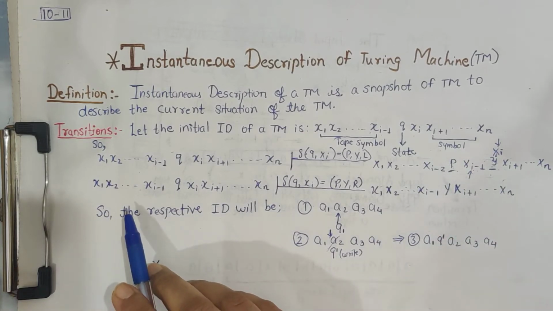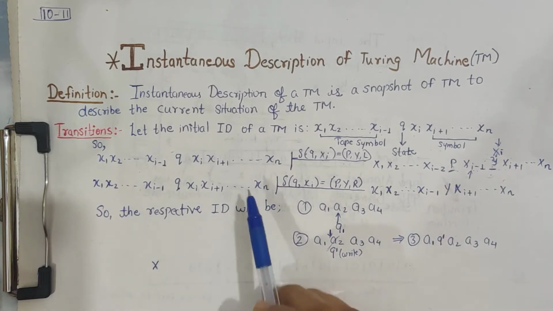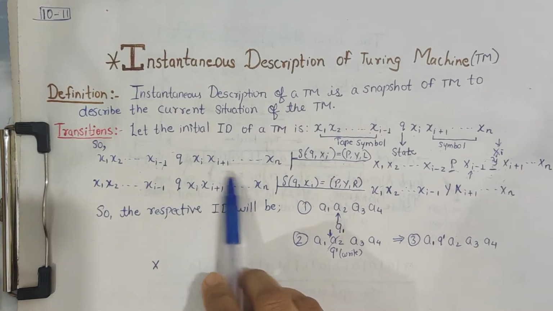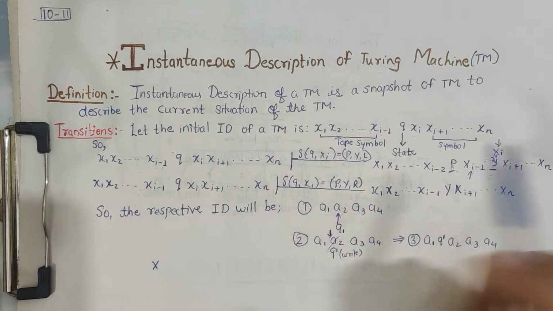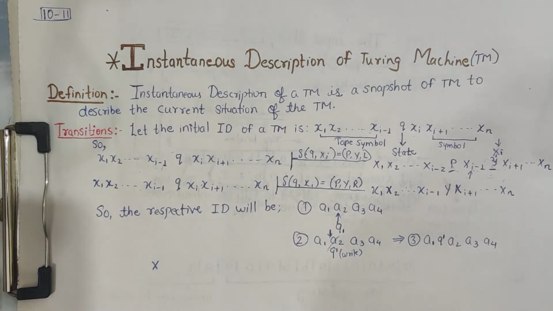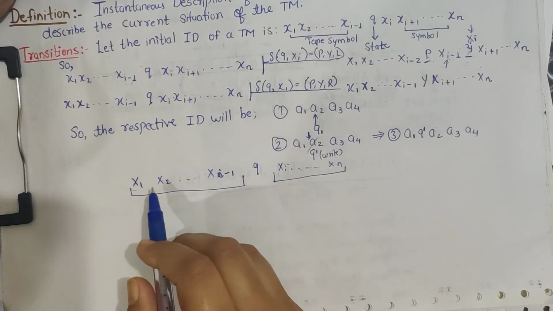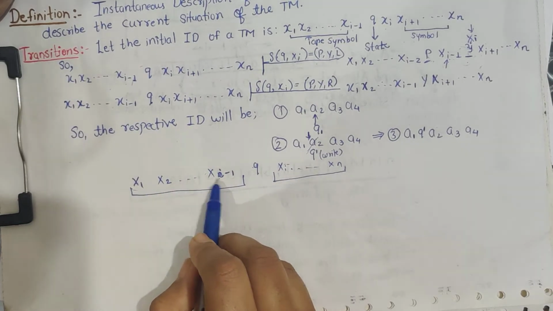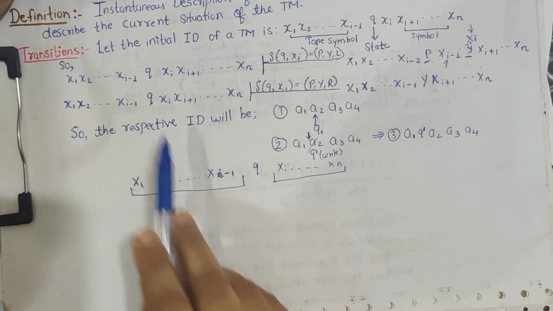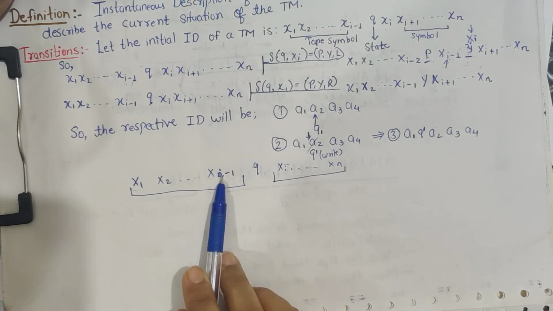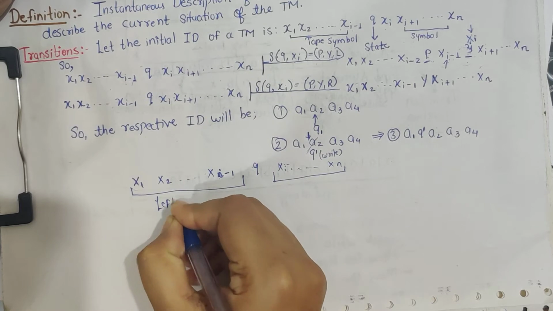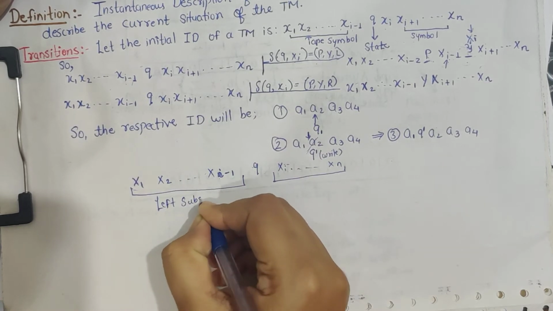Now similarly, this is the left substring and this is the right substring, and this is the state q. So x1 x2 up to xi minus 1, from here I had taken this. Just once again focus on this. This is the left substring.